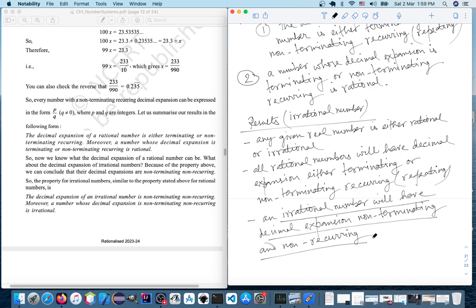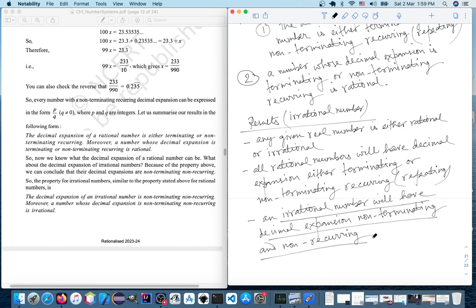So if a number has a terminating decimal expansion, it has to be a rational number. Now, if a given decimal expansion is non-terminating, in that case, we again have two choices. It could be either recurring or non-recurring, meaning the decimal expansion will have either a repeating block of digits, or it may not have a repeating block of digits.